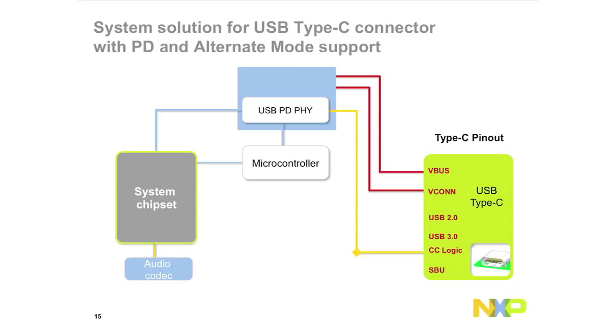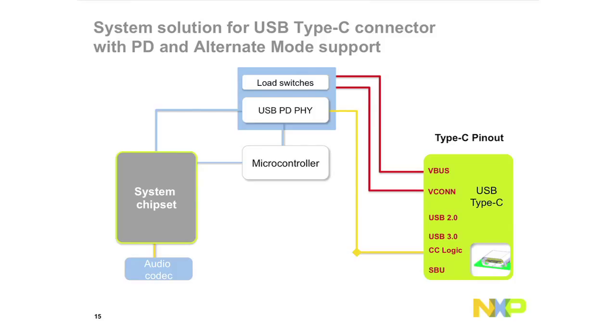But the MCU is really the heart of the system, where you put in your PD controller firmware and your policy engine. That is where you write your application layer code to distinguish yourself from somebody else, and also to make sure what profiles you want to support, right? Not everybody can support 20 volts 5 amps. So where do you write all the specific things about your system? That goes into that PD firmware on the MCU.